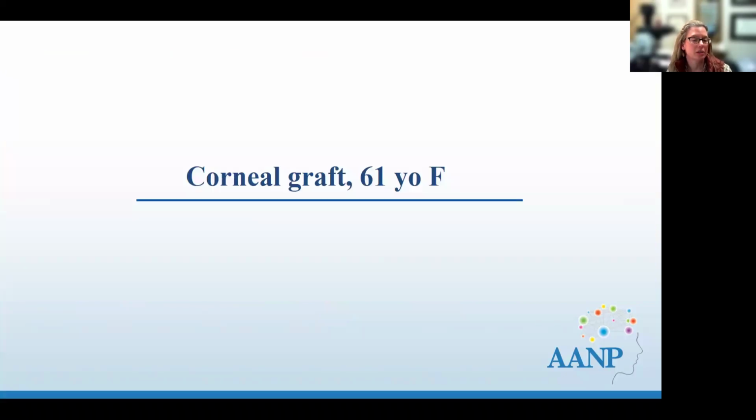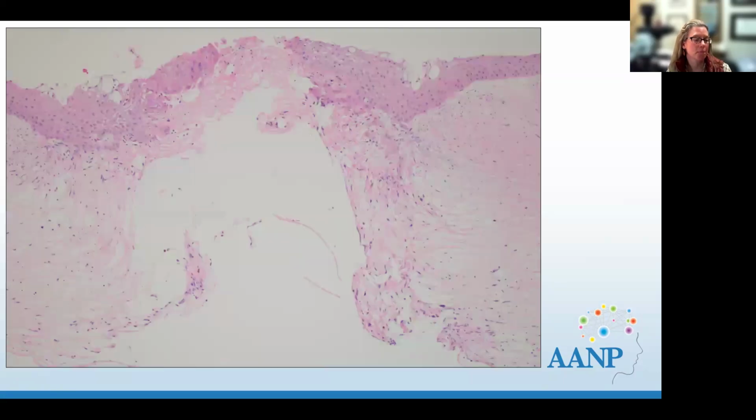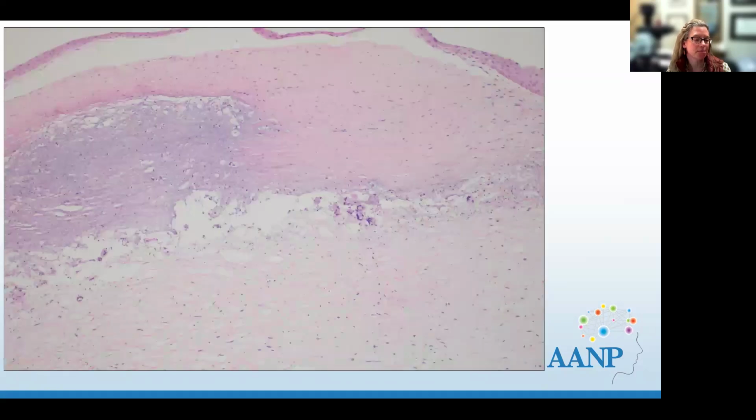Okay, and so looking on, here's another graft where you see a large ulceration in the middle, and this was actually a perforation of the cornea. And here is the epithelium that is destroyed, and it's really destroyed the entire thickness of the cornea centrally.